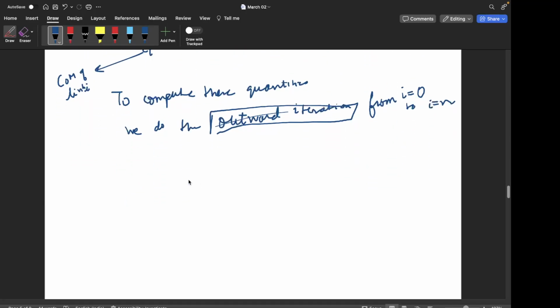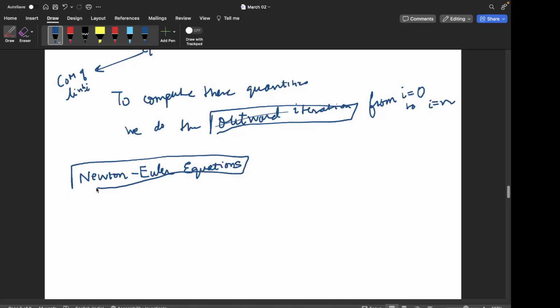Now, once we know these quantities, the subsequent step that we do is to find the force and torque acting on the center of mass of each link using Newton-Euler equations. So, in classical mechanics, these are the fundamental equations in classical dynamics, the Newton-Euler equations.